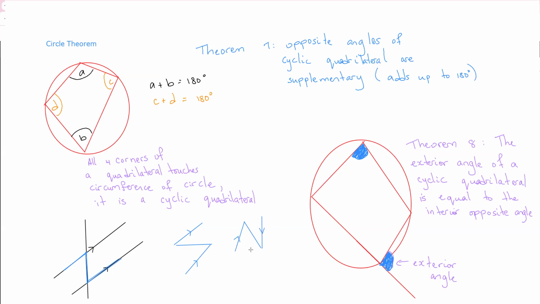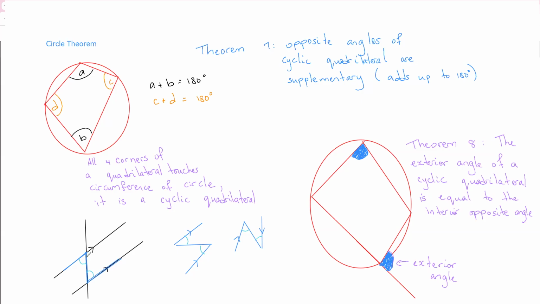So once you can see a Z shape or an N or like a zigzag, but the ends are the parallel lines, those are known as alternate angles. So the angles in the arms of the Z or the N, right?